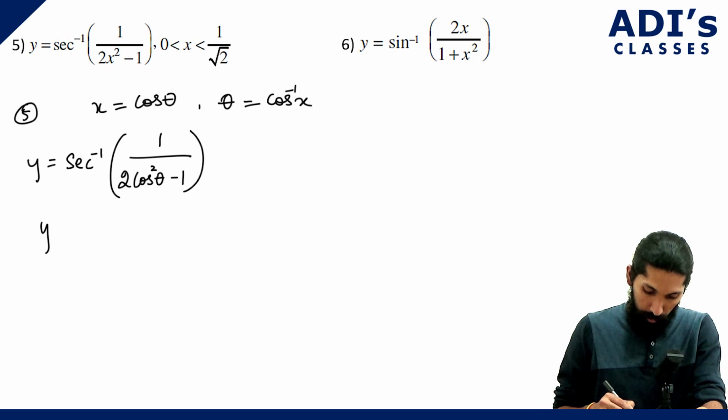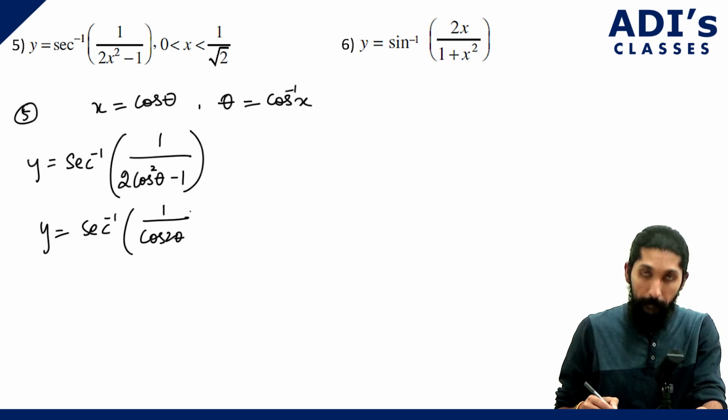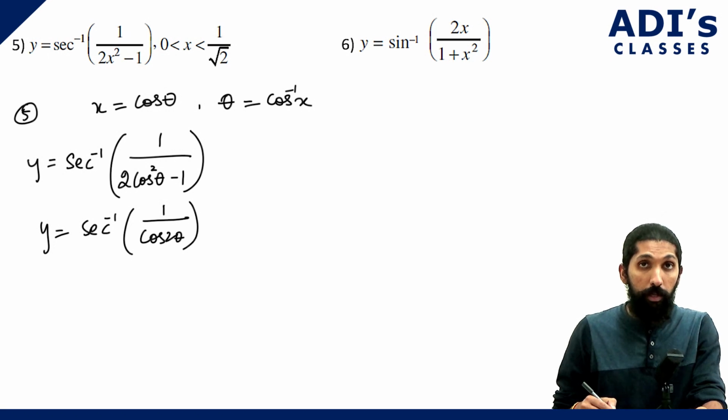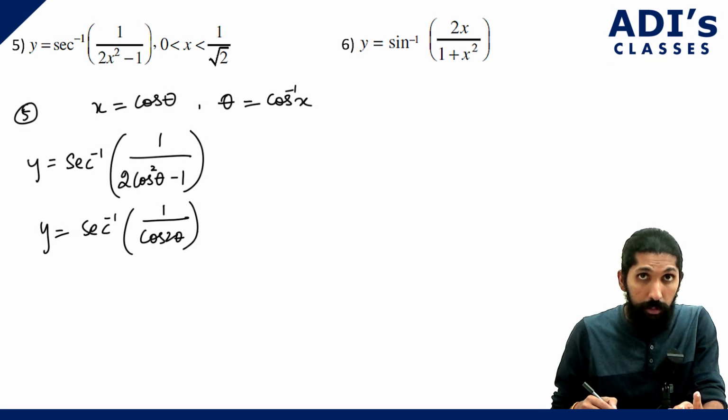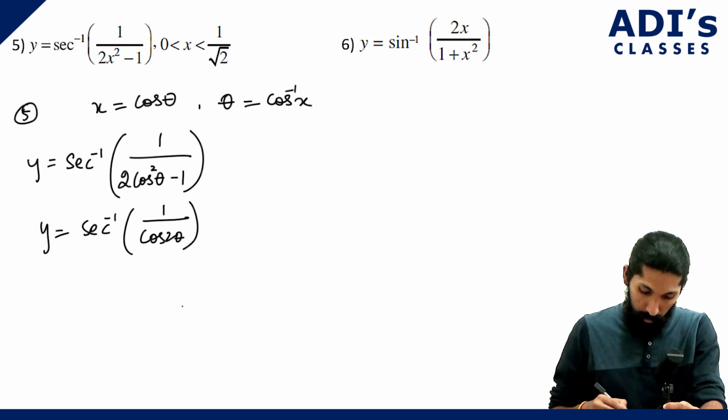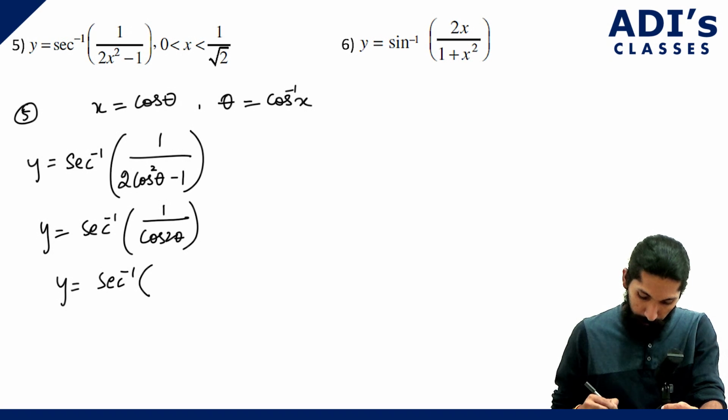Which is y is equal to secant inverse of 1 by cos 2 theta. What is 1 by cos 2 theta? Secant 2 theta, isn't it? So you'll get y is equal to secant inverse of secant 2 theta.